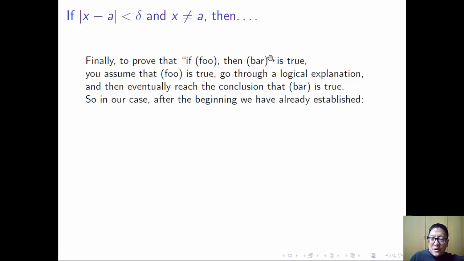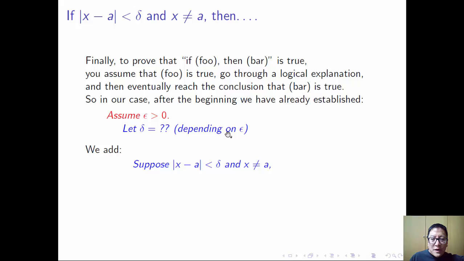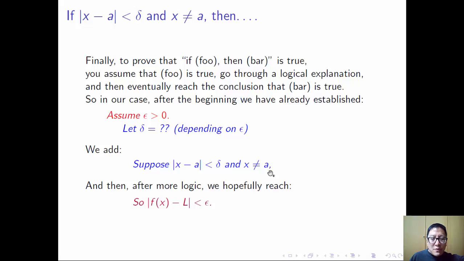So in our case, after the beginning that we've already figured out, assume epsilon is greater than 0, and then we let delta equal something, we still haven't said what, but it'll depend on epsilon. We're going to add, suppose the distance between x and a is less than delta, and x is not equal to a. And then we explain, and we hope, after some more logical explanation, we reach that the distance between f of x and L must be less than epsilon.